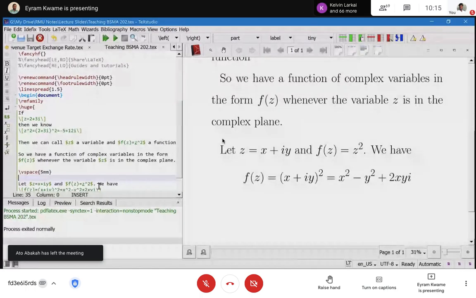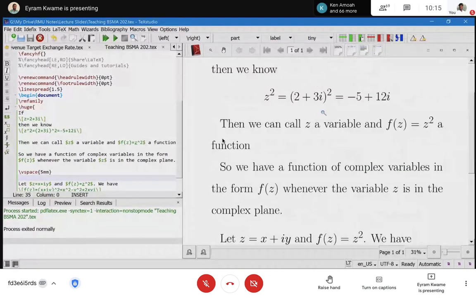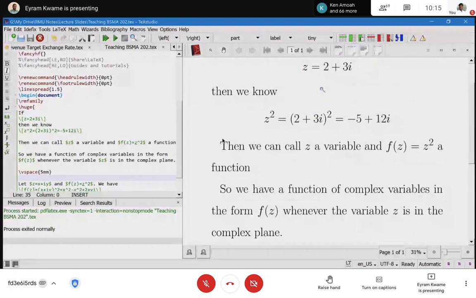You see, if z is equal to x plus iy and f of z is x plus iy all squared, just as we did before, I'm just using the same example, but instead of fixing 2 and 3, I am defining z as a variable. In this case, z is a complex number. Here, I just have one number. It's just one complex number.